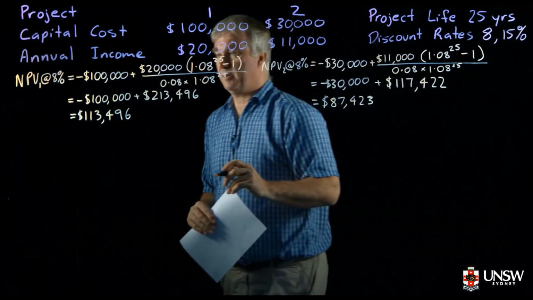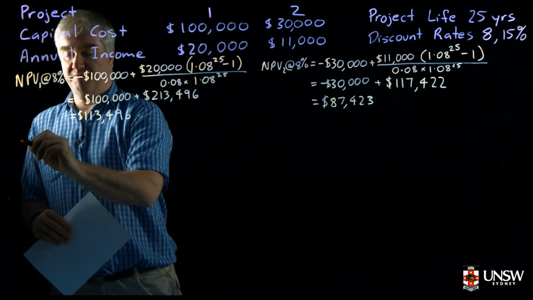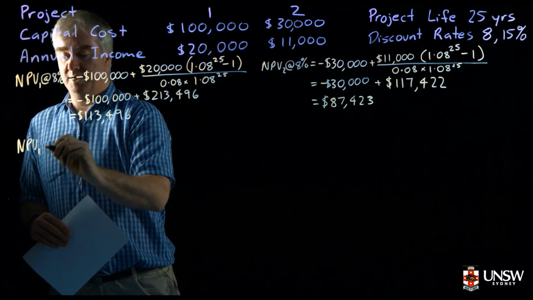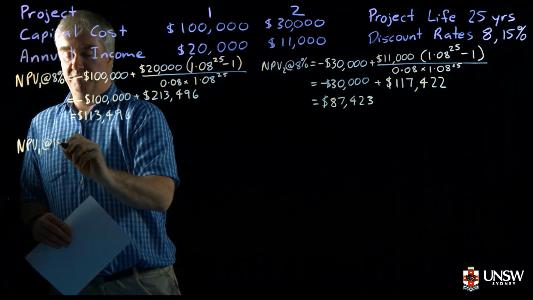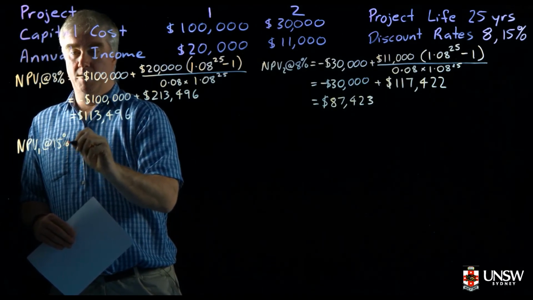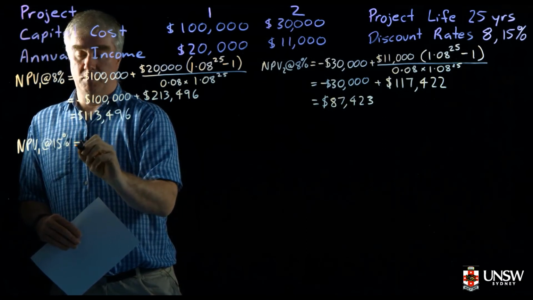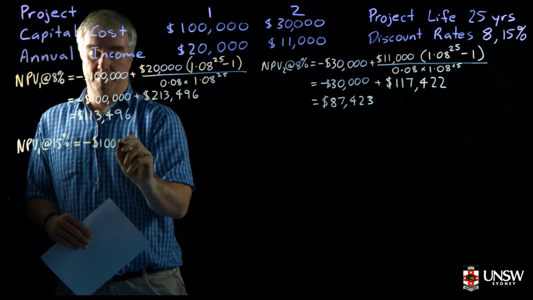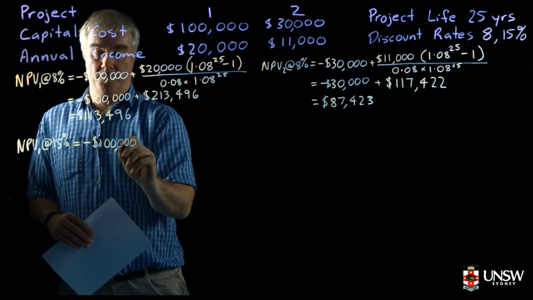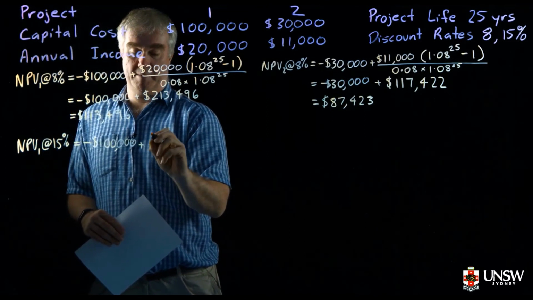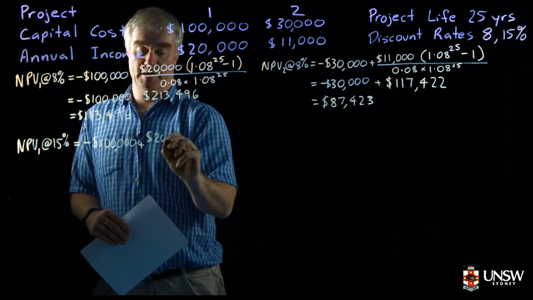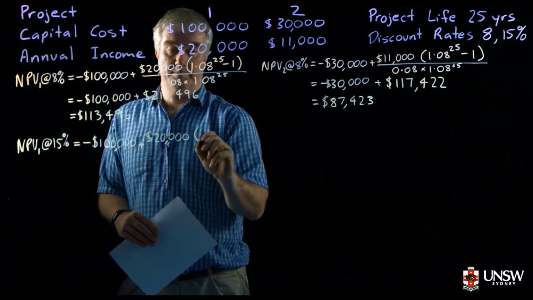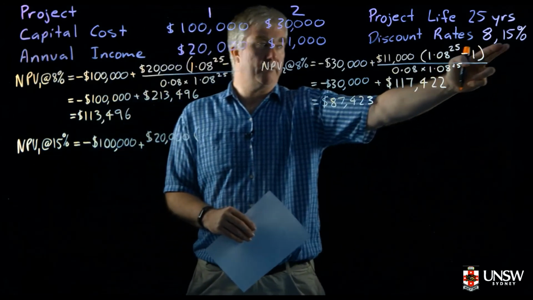Now let's look at the net present value if we use 15%. So we get a net present value for project 1 at 15%. Well, we've got the same capital cost, so it's going to be minus 100,000 plus same annual income, 20,000 times, but this time we're changing our discount rate.